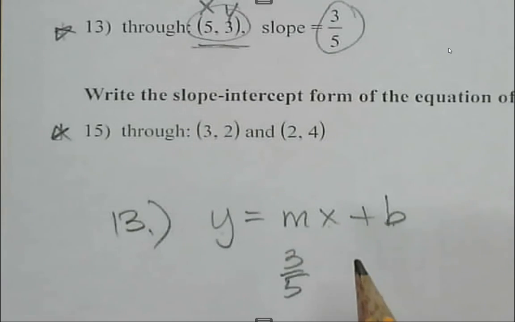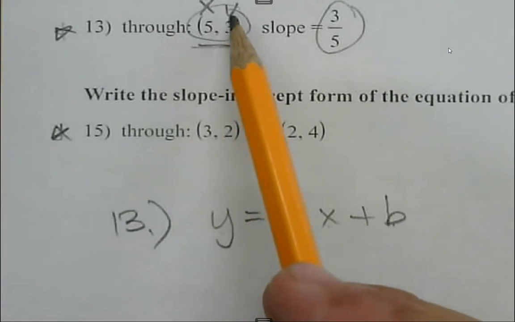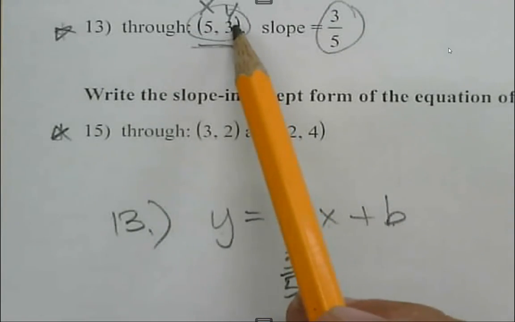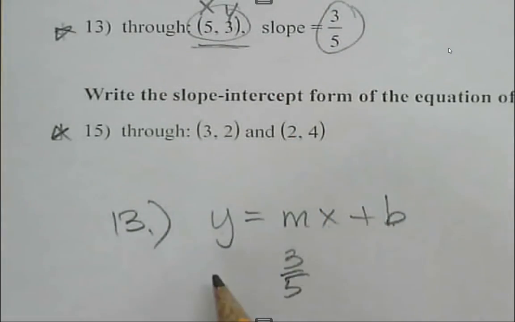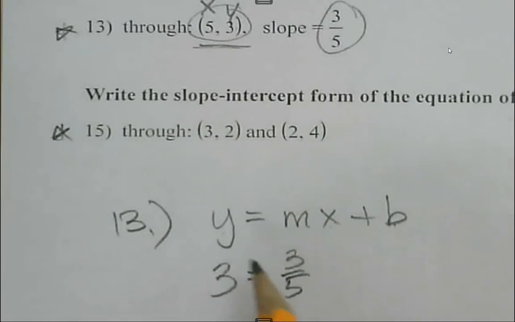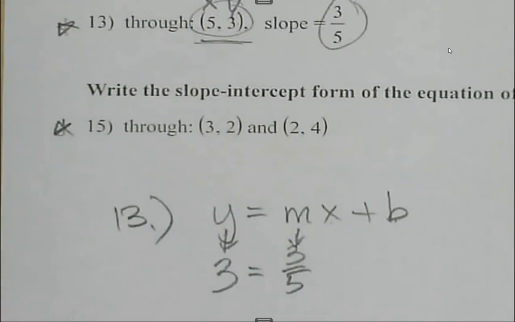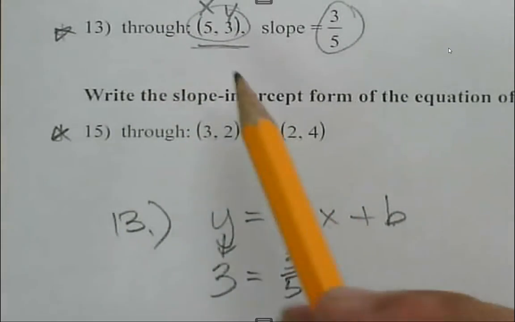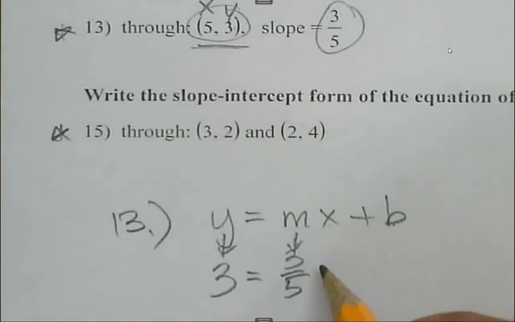So watch what we can do. We can actually substitute in this value for y right here. So here we know that our y coordinate is 3. I'm going to put my 3 right here where the y is, right underneath my slope-intercept form. I'm just basically filling it in, okay? Now for my x term, I know that my x coordinate is a 5. So I can put a 5 right here.